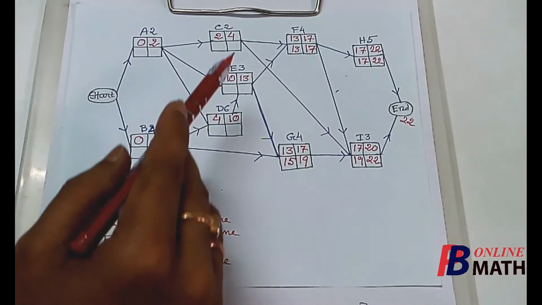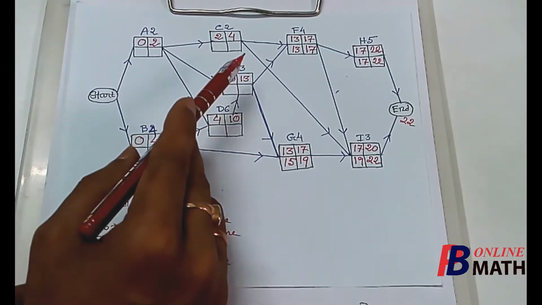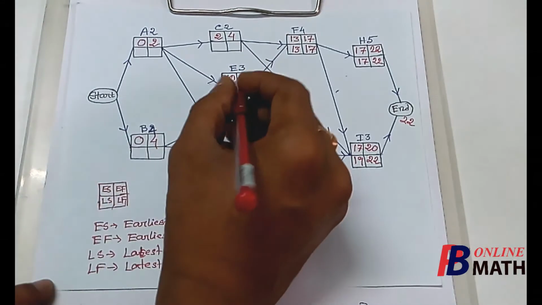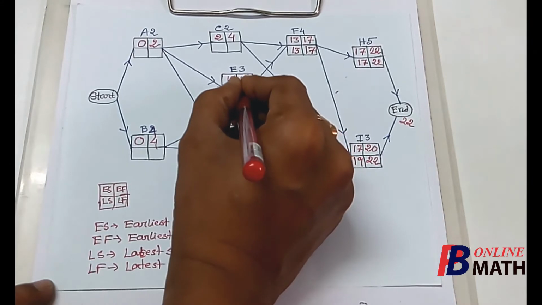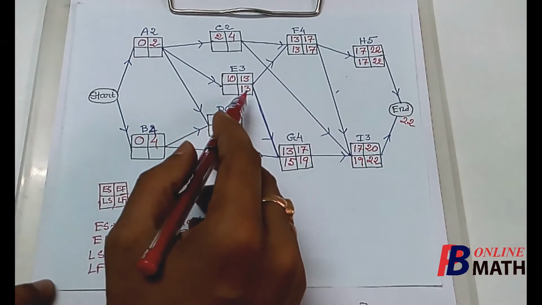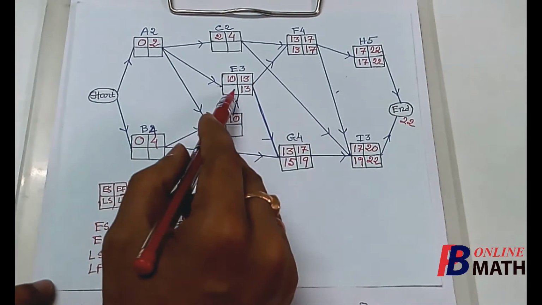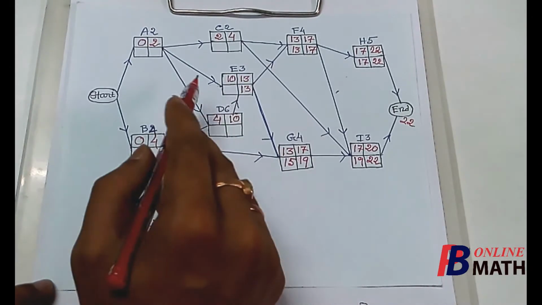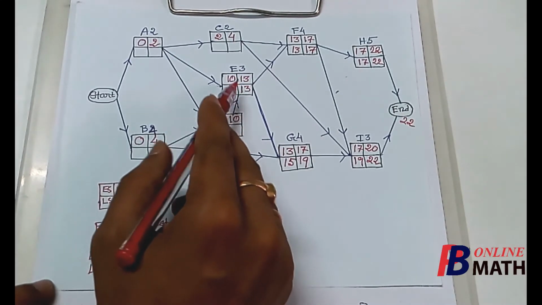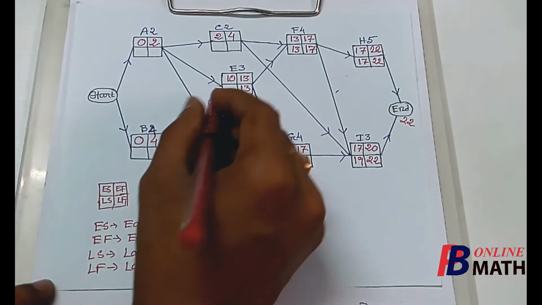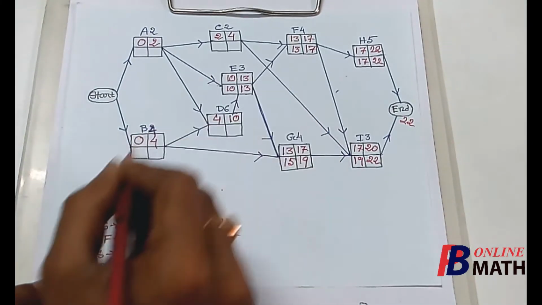So the activity E must be completed latest by 13 days. So this 13 must be the latest finish time of the activity E, and it requires 3 days. So the latest start time of E will be 13 minus 3, which is 10.